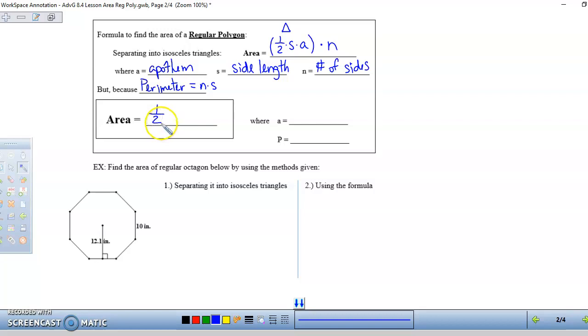So we still have the 1/2, and we're still going to have the A, and now we're going to combine the S and the N to be the perimeter. So this is a combination of this formula. So 1/2 apothem times perimeter is generally the formula we use for regular polygons.